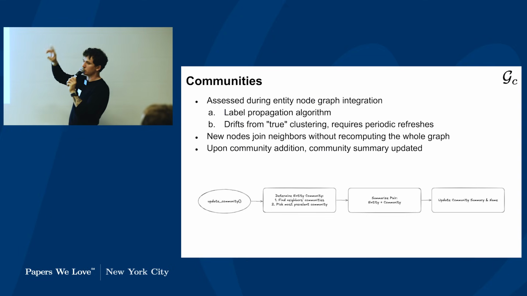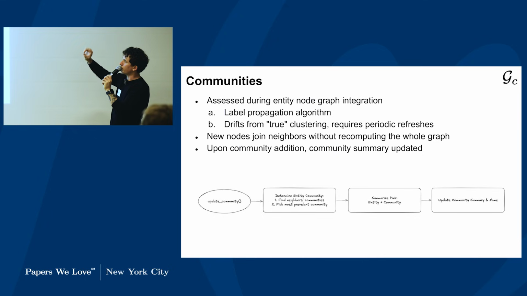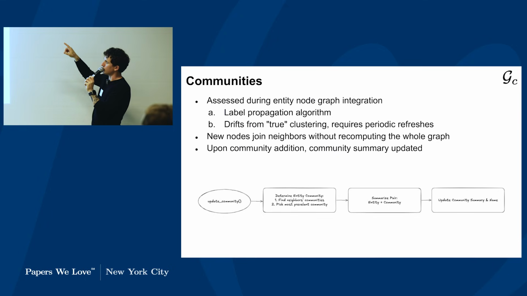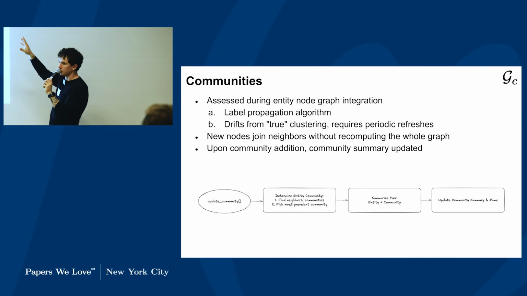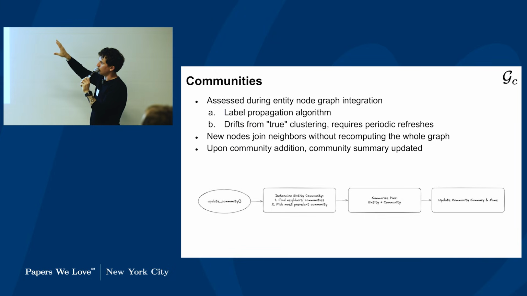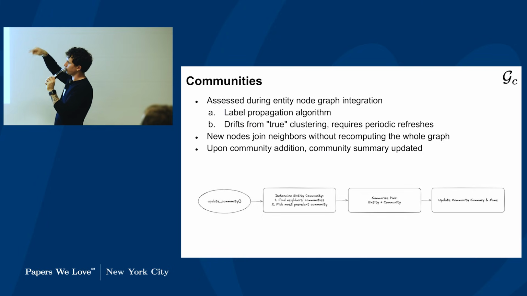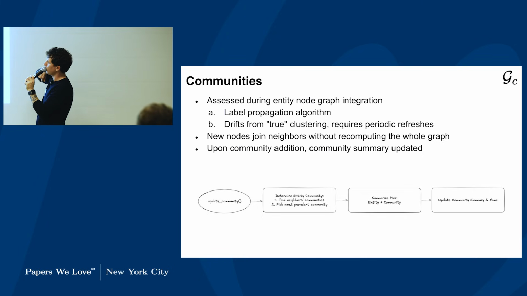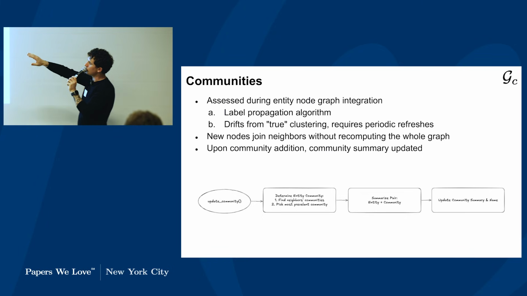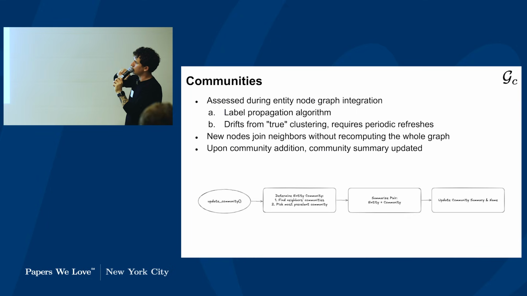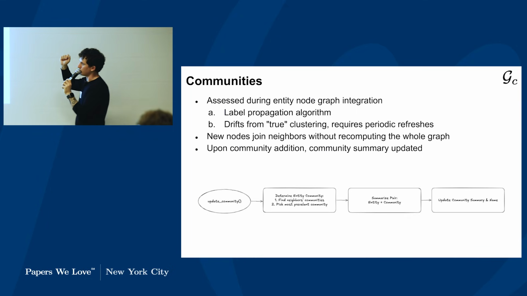Because of that drift, ZEP in the paper recommends periodic refreshes of the community associations. So new nodes join their neighbors without recomputing the whole graph, like I said.